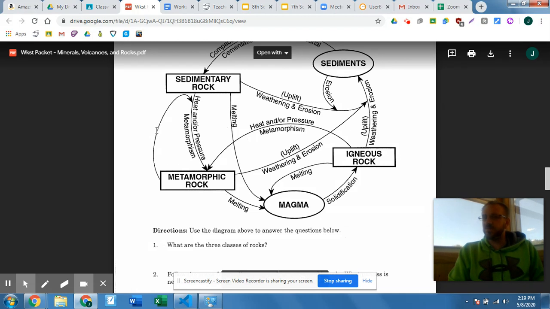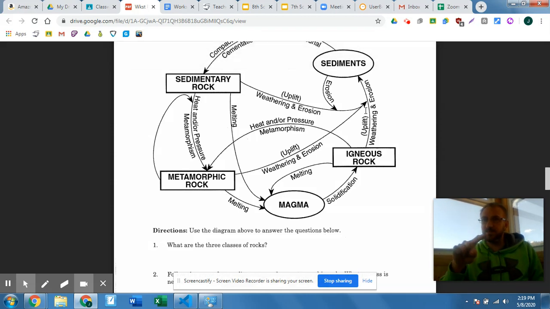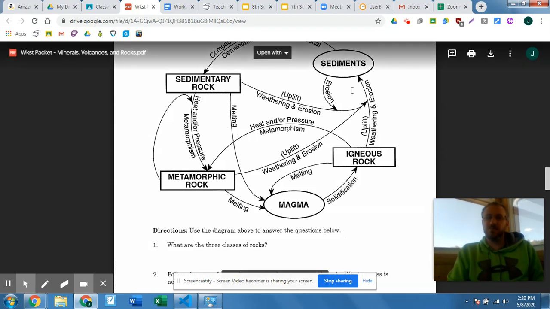I know those types of arrows weren't in our notes, but I just wanted you to see that the sediments can uplift and weather and erode, and they can still stay sediments. So there are some cyclical arrows that loop around and go back to the same type. Just make note of that on here.